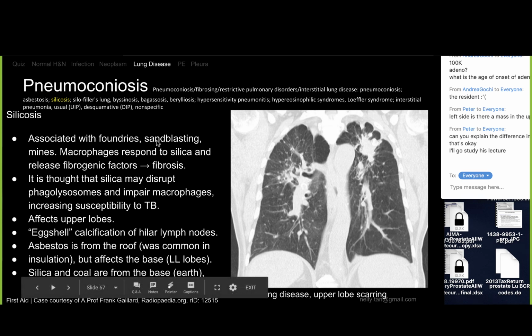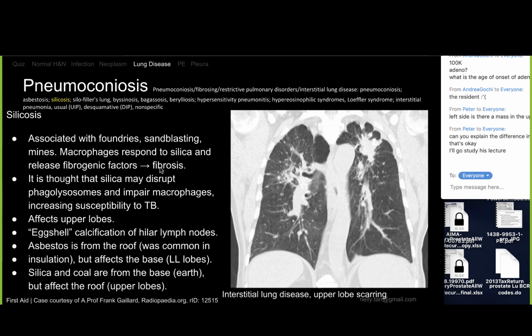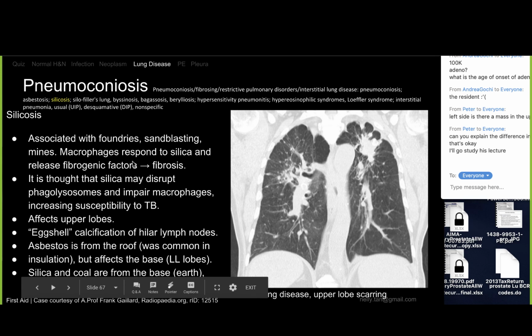Okay. Another work-related lung disease is called silicosis. People in the sandblasting business and mines get a reaction to the silica, and then they get scarring, fibrosis. These usually involve the upper lobes. So in First Aid, there's a mnemonic: silica and coal are from the base, but they affect the roof, the upper lobe.